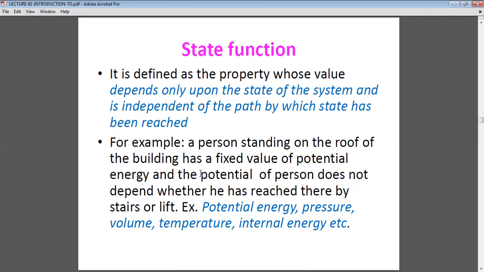It does not depend on the path he traveled, either by stairs or by lift. So that is called a state function. That means it does not depend upon the path followed, it depends only on the state of the system. Examples are potential energy, pressure, volume, temperature, and internal energy, which are taken as state functions.